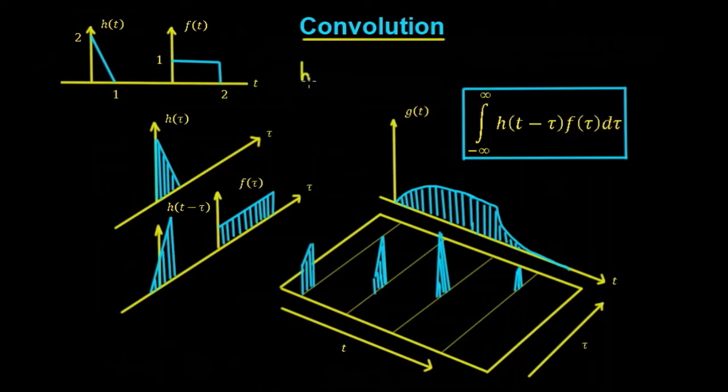So if we had a function h of t, I'll just draw this out roughly here, and we wanted to mirror it in the y-axis, then what we do is we form the function h of minus t. You can see that quite simply. If we went to a value somewhere here and looked at the height, h of t, then we want that same height to be at the minus t value.